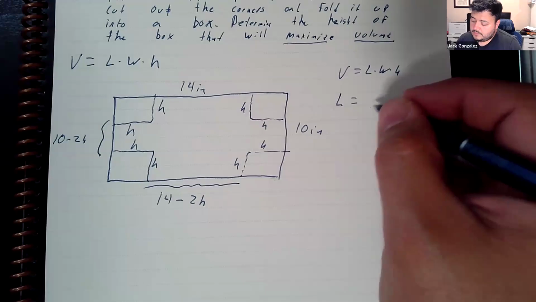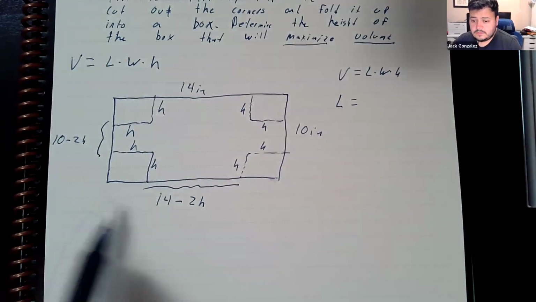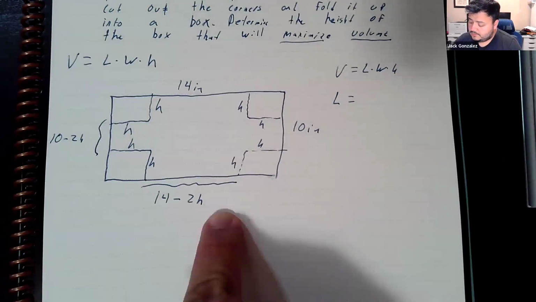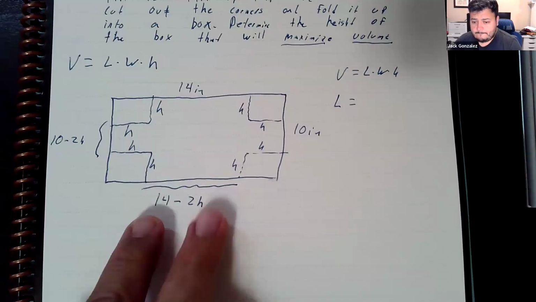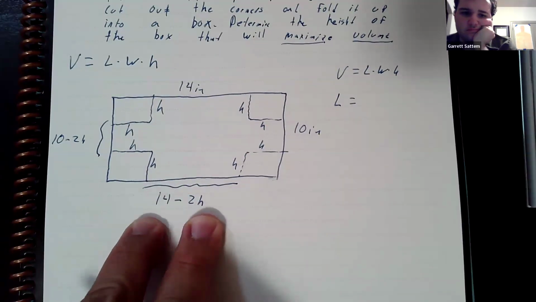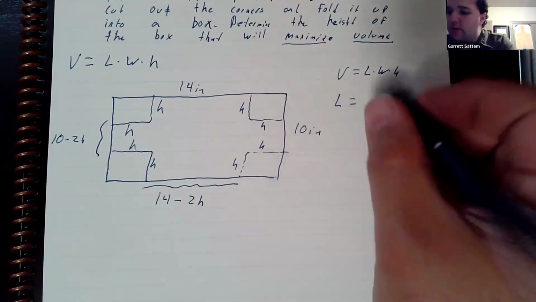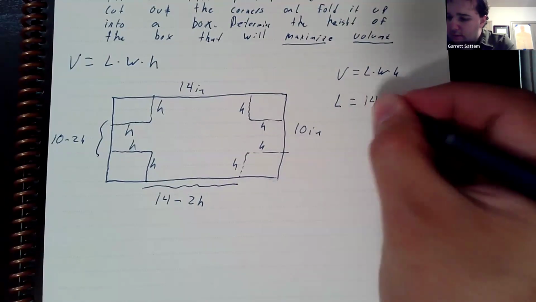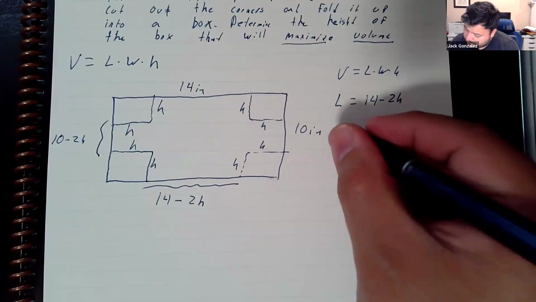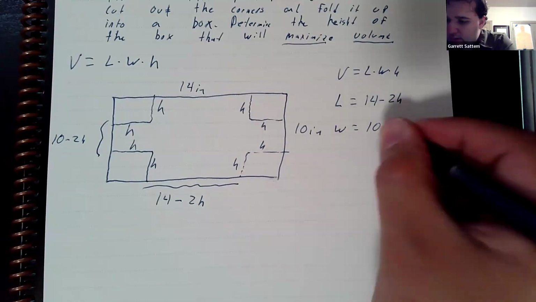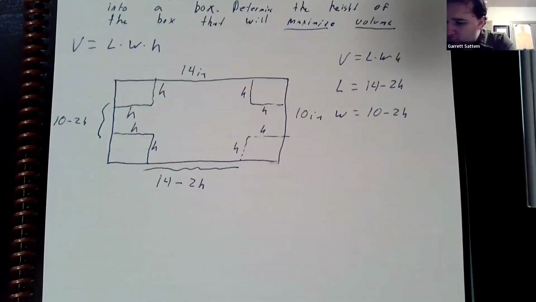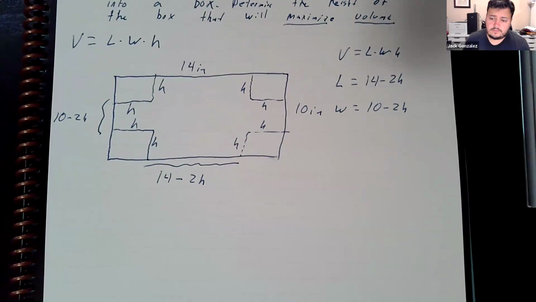I mean, yes, technically, but relative to this cardboard, it would just be this right here, right? Mm-hmm. Oh, okay. And then the width would be here. Yes. So now we can get everything in terms of height, and we don't have to worry about multiple dimensions.